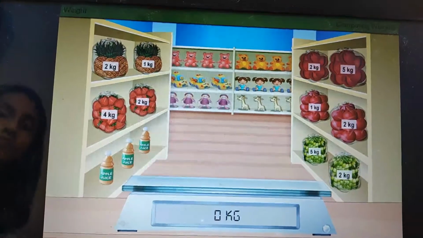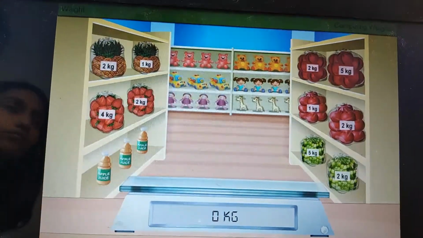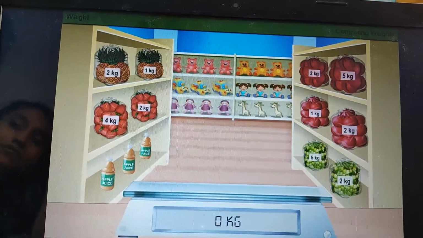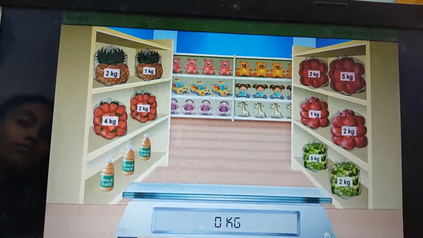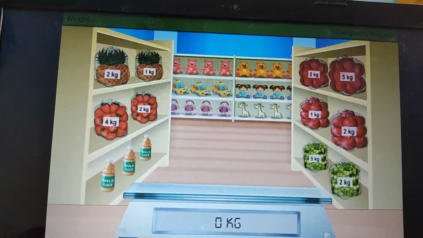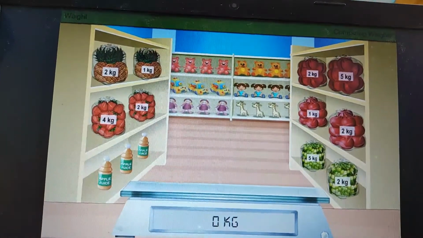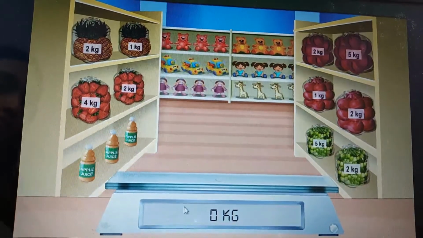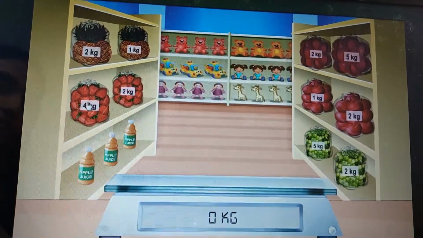Let's observe the weighing machine. Watch how the weight increases or decreases when we keep or remove objects on the weighing machine. See the weight.